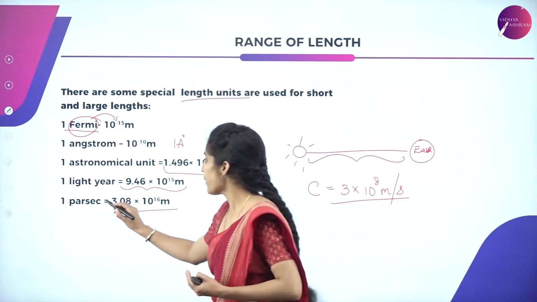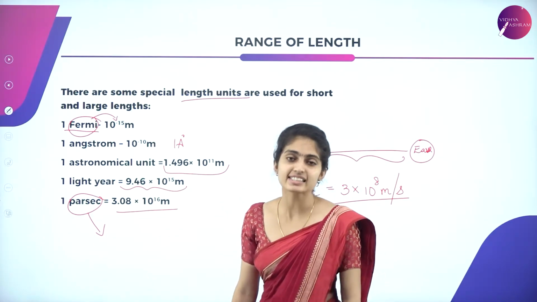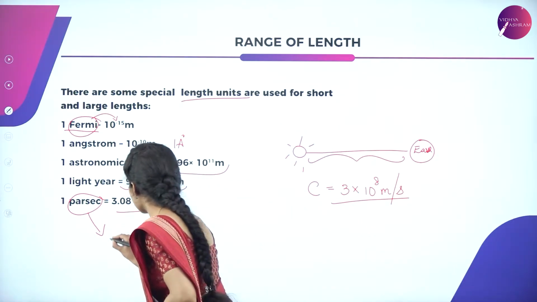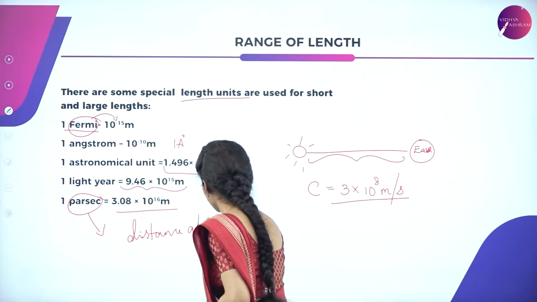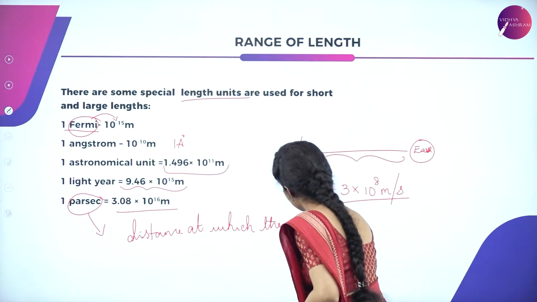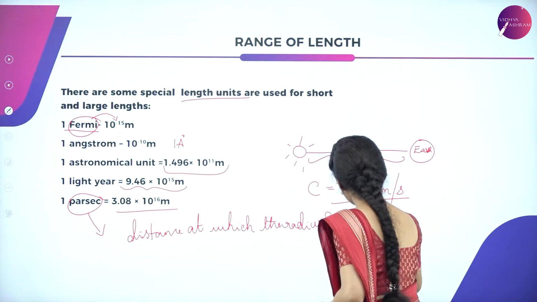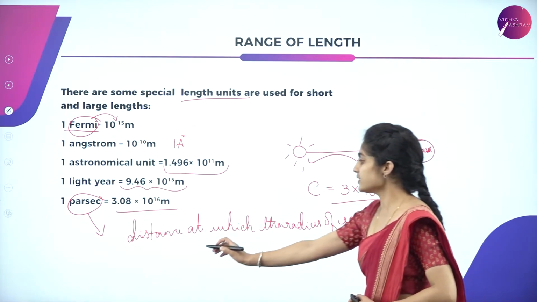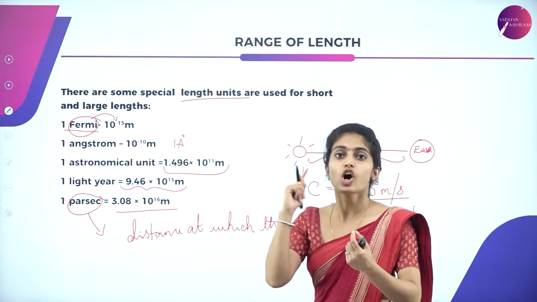So what is this parsec? Parsec is the distance at which the radius of the Earth's orbit, the Earth orbits, right?